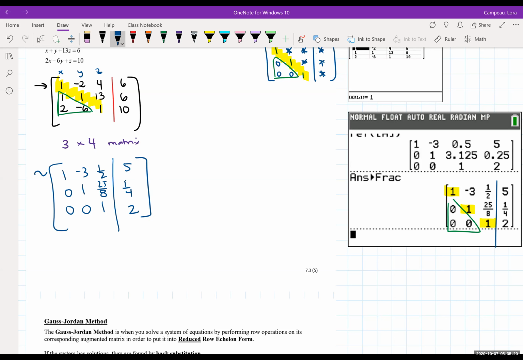This is quite nice because if you're in row echelon form, the next idea is to use algebra, to use back substitution to solve the system. So let's take a look at that.